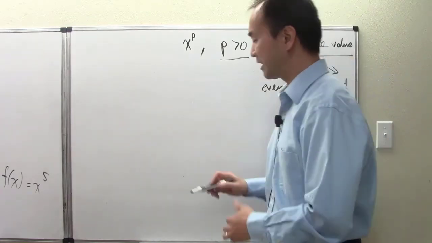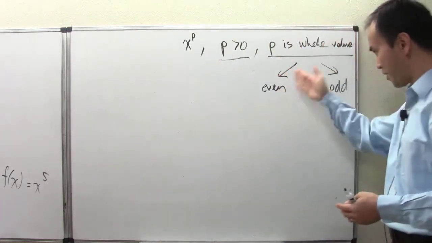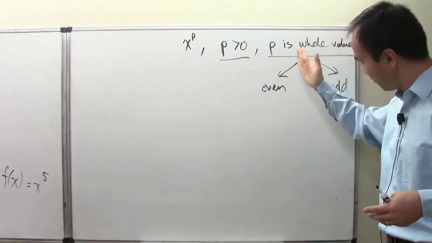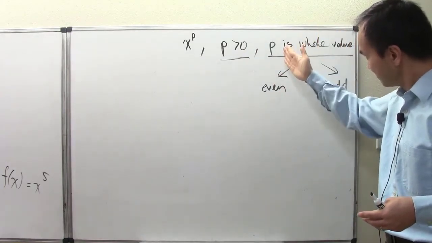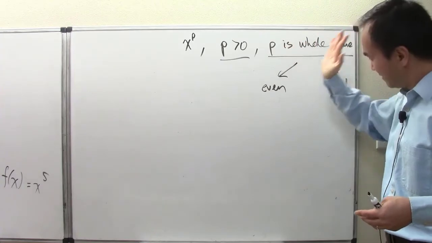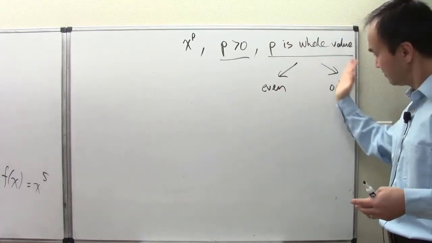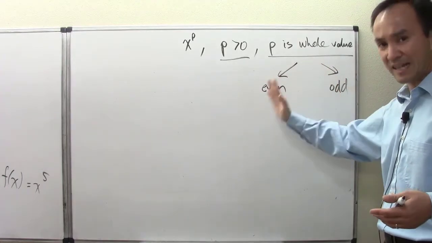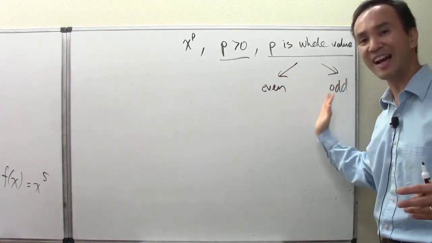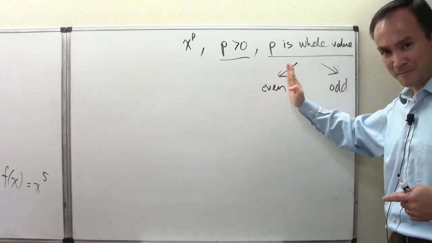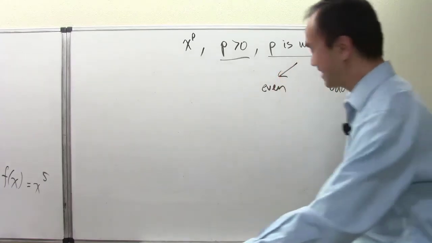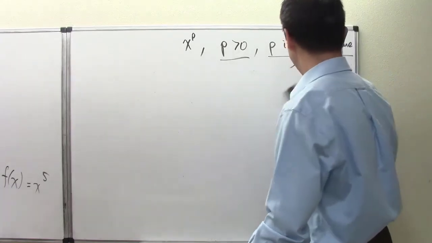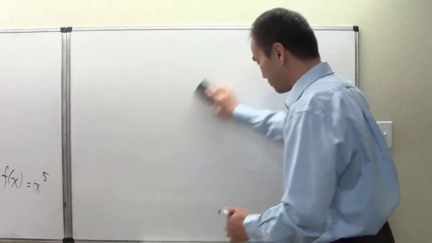Just because we're working with the power being a whole value, we already expect that there will be two separate classes of powers, even powers and odd powers. Be aware of that, and I will bring in the odd powers later.